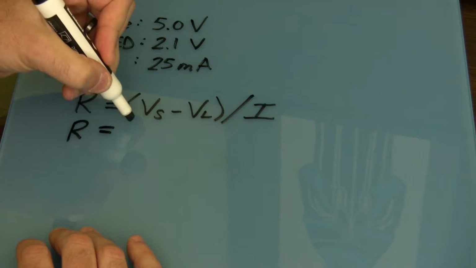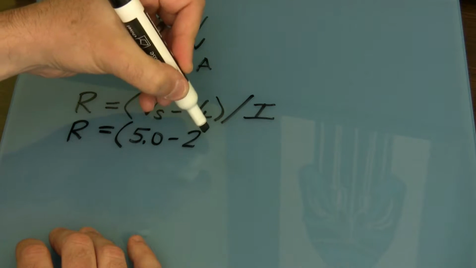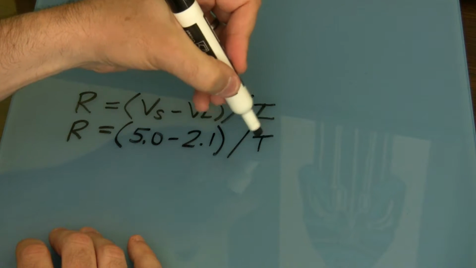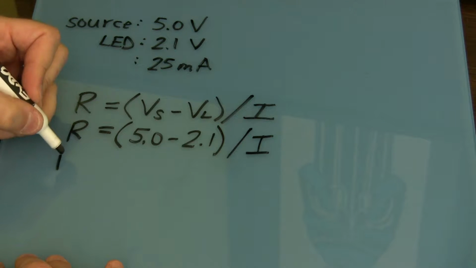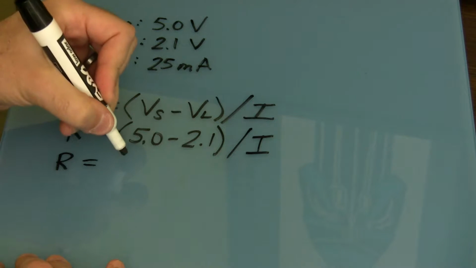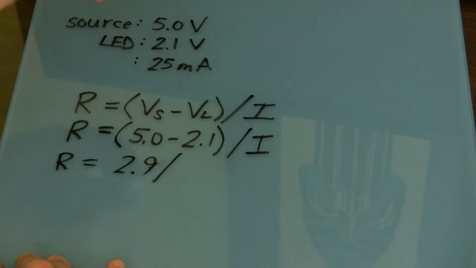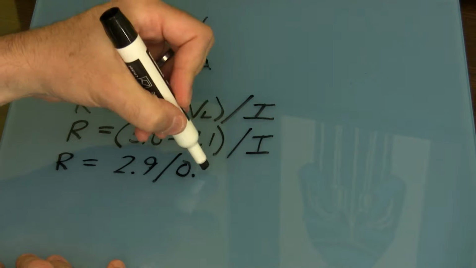So we're going to have 5.0 minus 2.1 divided by I. Now our current needs to be in amps, not milliamps, so it's going to be 0.025.